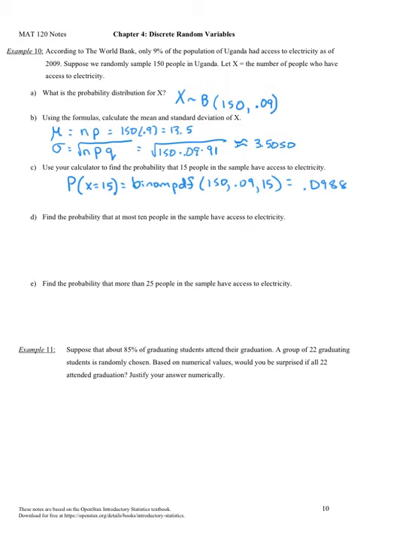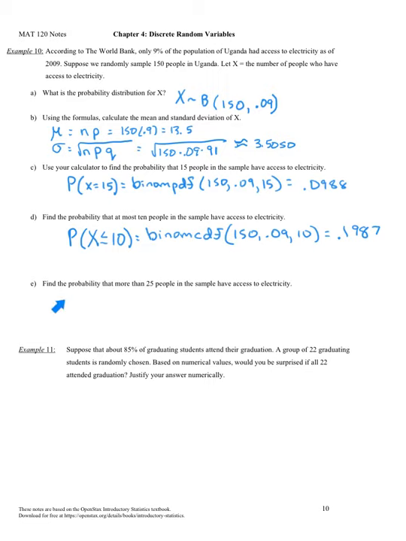At most means 10's included, but so is every random variable smaller than 10. And since this is an inequality, we are going to use our CDF, our binomial cumulative density function here. And we'll plug that into our calculator, and when we do, that will be our answer.